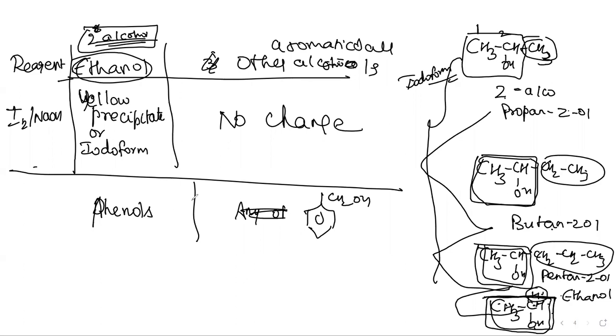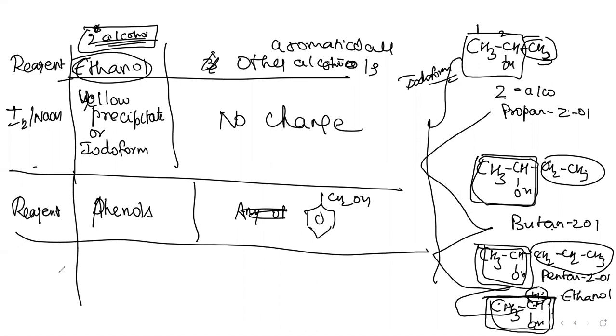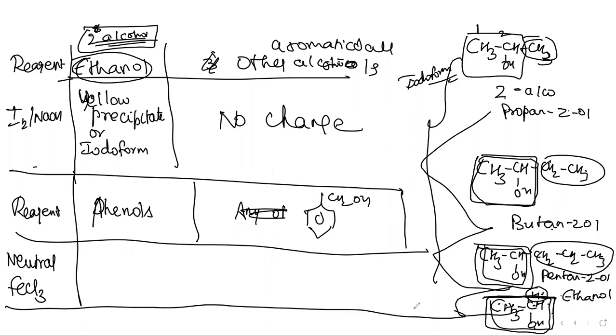Phenols can be distinguished from any other alcohols using another reagent called neutral ferric chloride. This you will study in the lab, functional group identification. When neutral ferric chloride is added, phenols will give violet coloration.